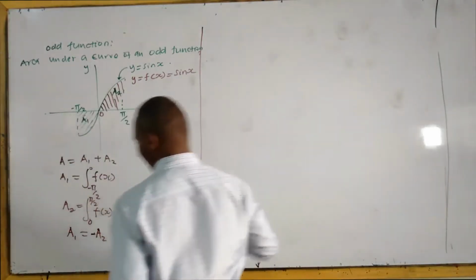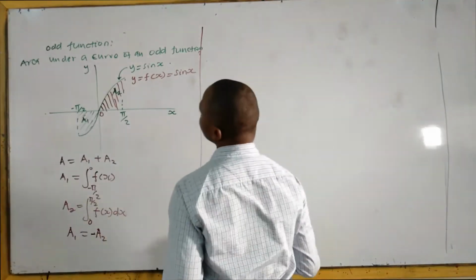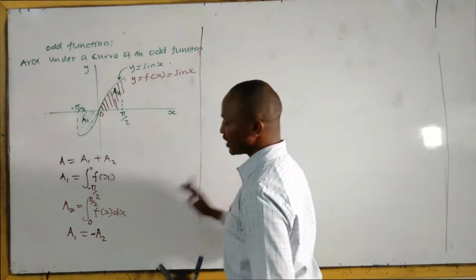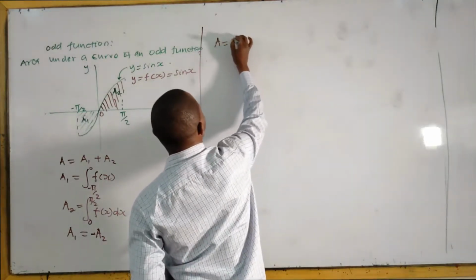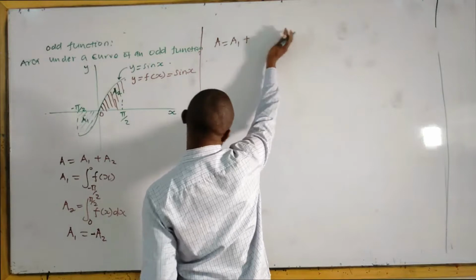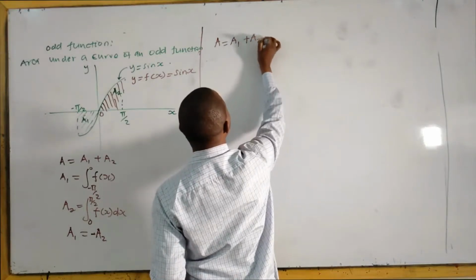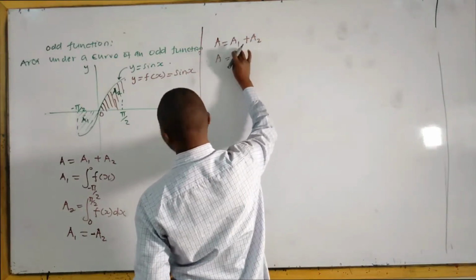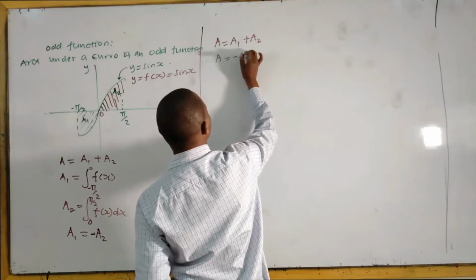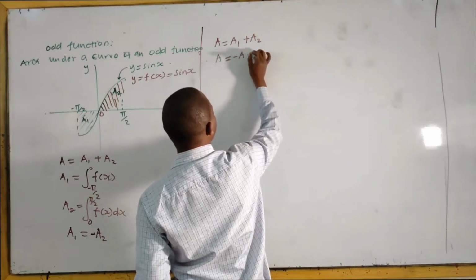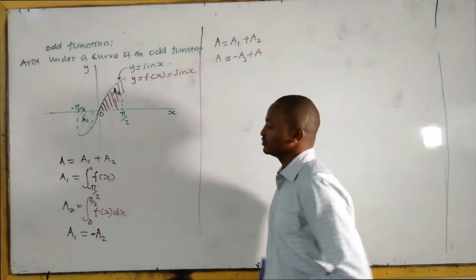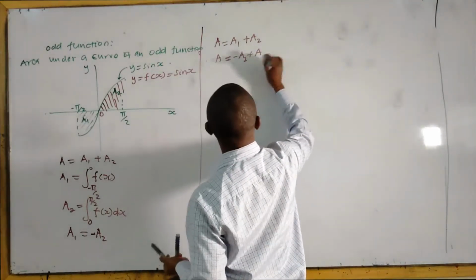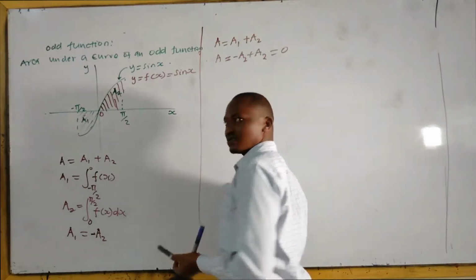That tells us that for an odd function, the total area A is A1 plus A2. What is A1? Negative A2. Negative A2 plus A2 is equal to 0.